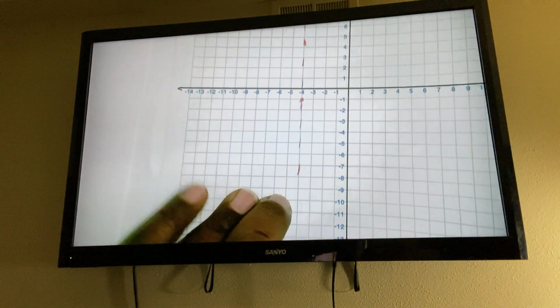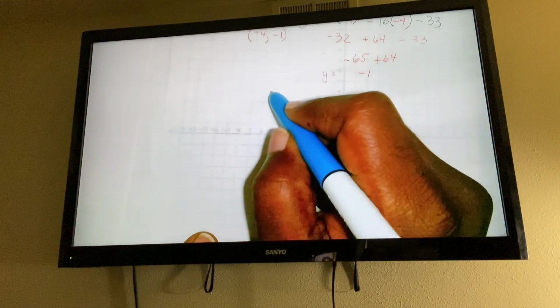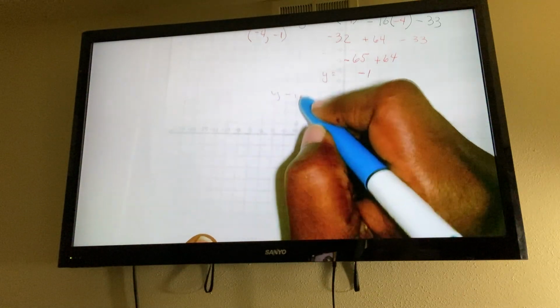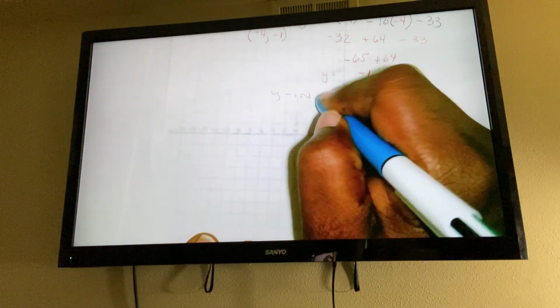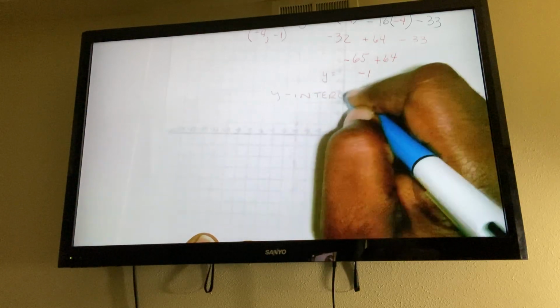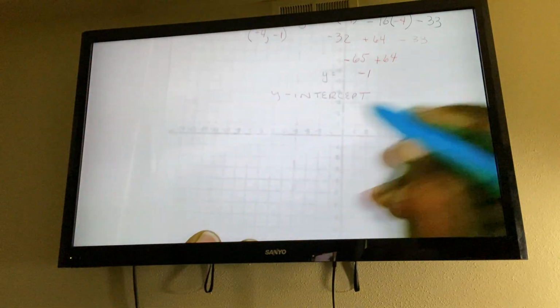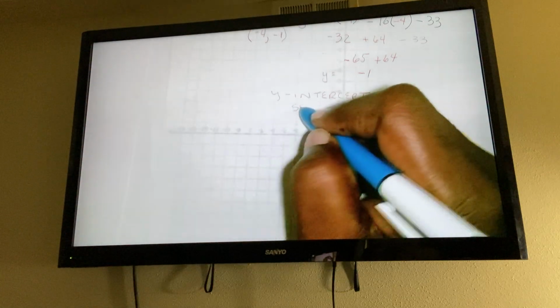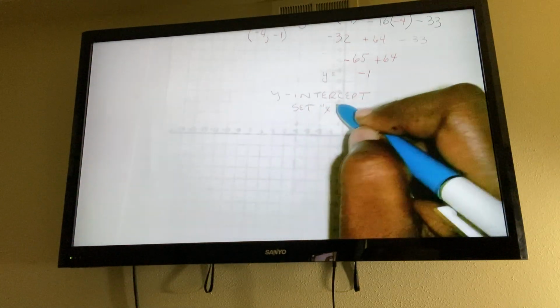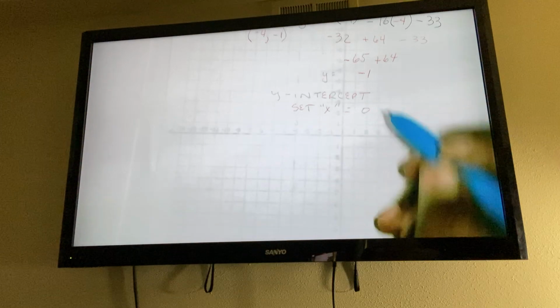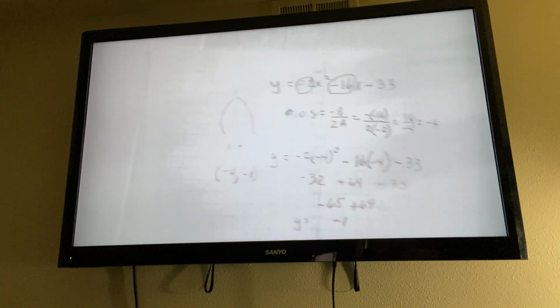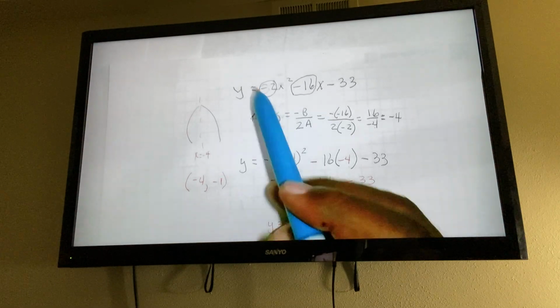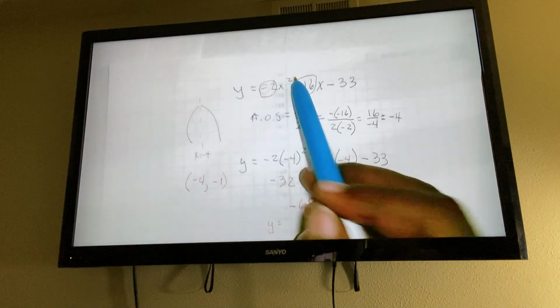Okay, and if we want to know our y-intercept, one more critical point, to find the y-intercept, we set x equal to 0. So in our original equation, if we set x equal to 0 here, that cancels out.